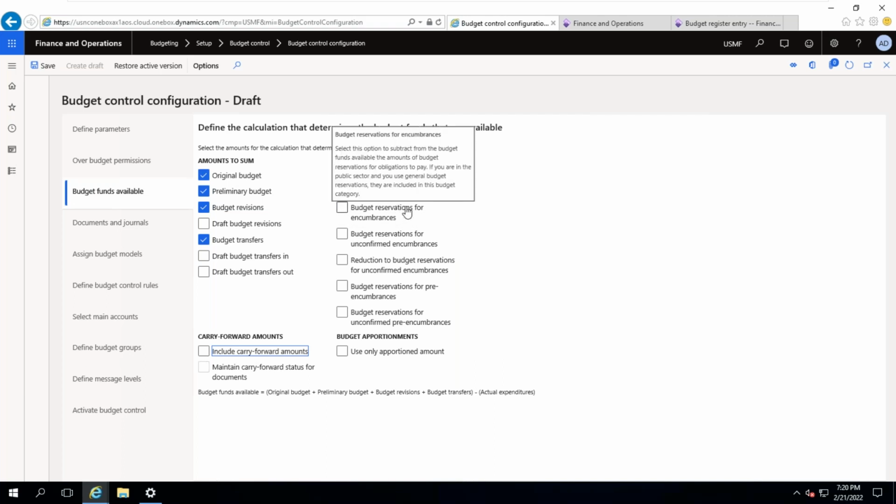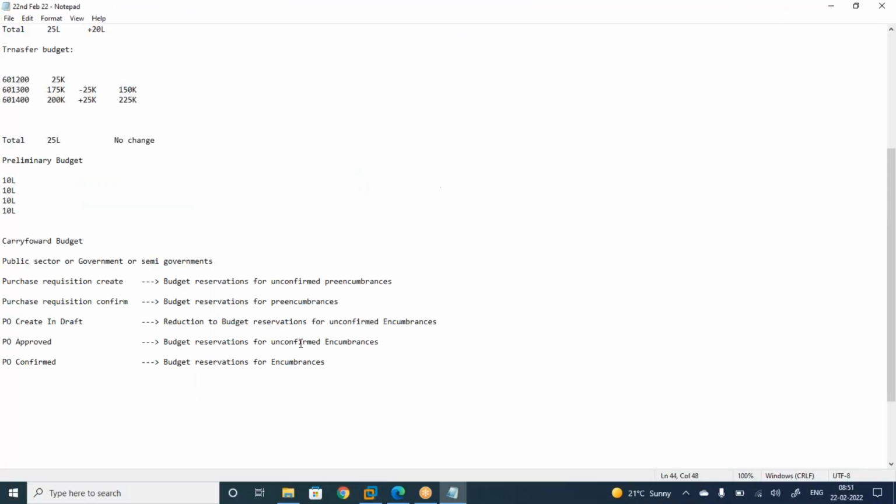In each stage, budget will be verified and validated. If funds are not available, it will stop. You cannot post a transaction. Forget about the postings, you cannot even create a transaction if the funds are not available. That is this one.